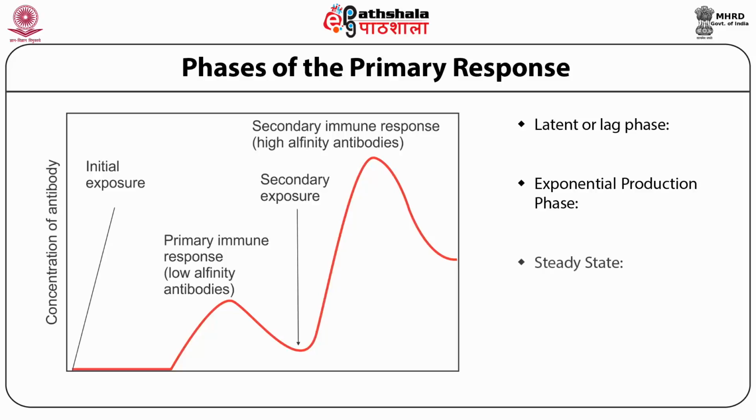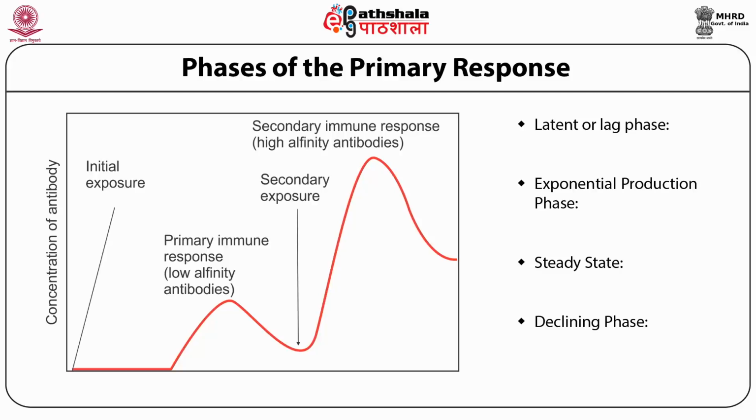Third is the steady state, when the antibody concentration reaches a steady state. This is the state when the rate of production of the antibody and its degradation are balanced. Finally, there is a decline phase when the immune response slows down and the antibody concentration declines rapidly.